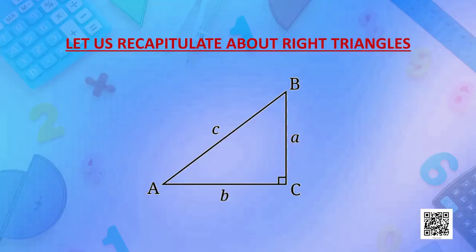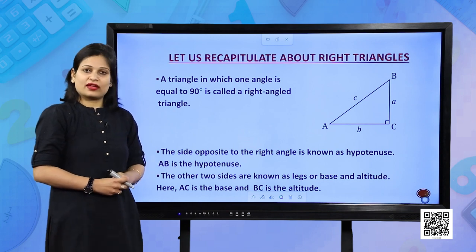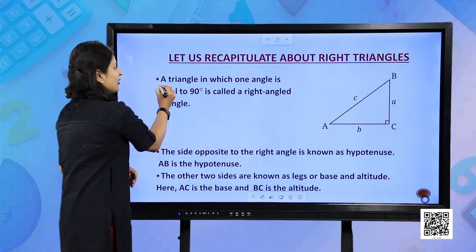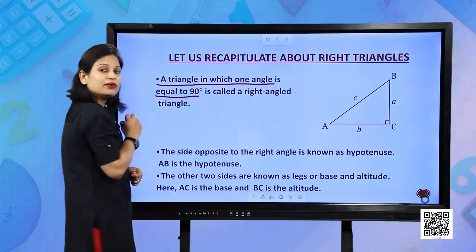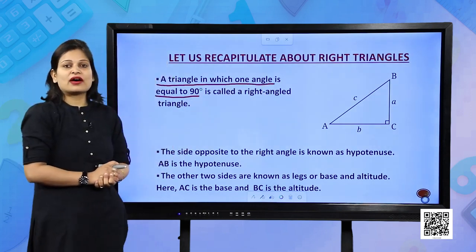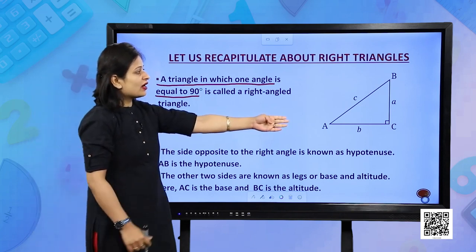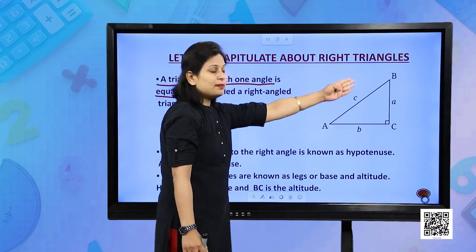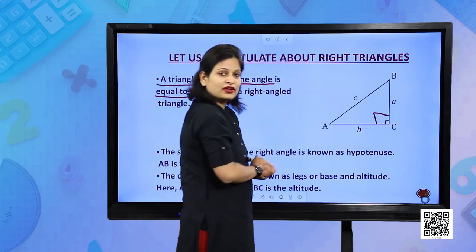Now, let us recapitulate the right triangle. What do you mean by a right triangle? A triangle in which one angle is equal to 90 degree is called a right angle triangle. As you can see, in triangle ACB, angle C is 90 degree.